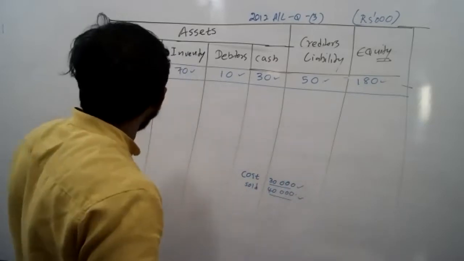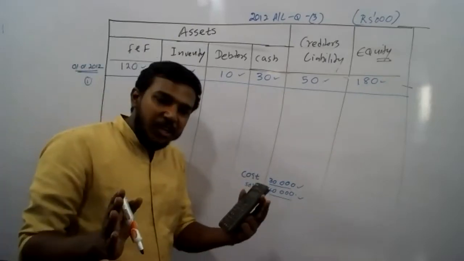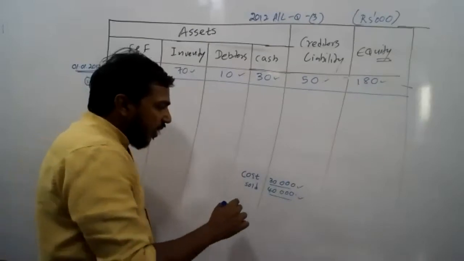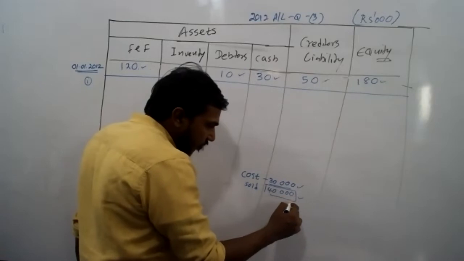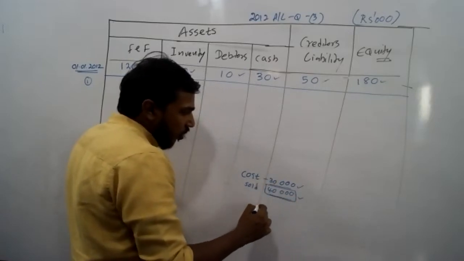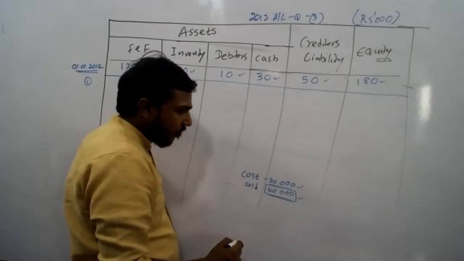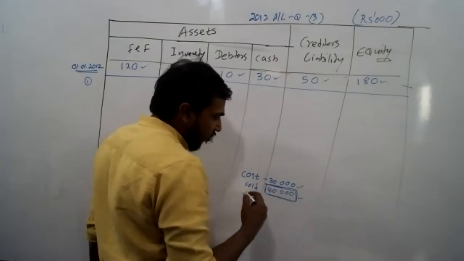Now, how to adjust this in the accounting equation? First thing, the impact on cash. That's the very first thing that I asked you to do. Stock costing 30,000 has been sold for 40,000.